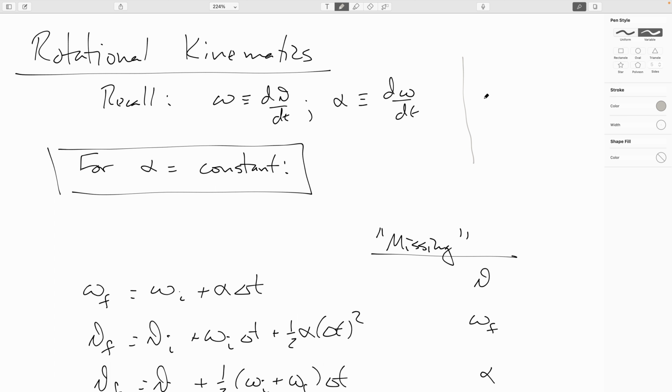translational position, translational velocity, and translational acceleration, if we remember that velocity was defined as the time rate of change of position and acceleration was defined as the time rate of change of velocity, the important thing here is that these quantities have the same mathematical relationship with each other.